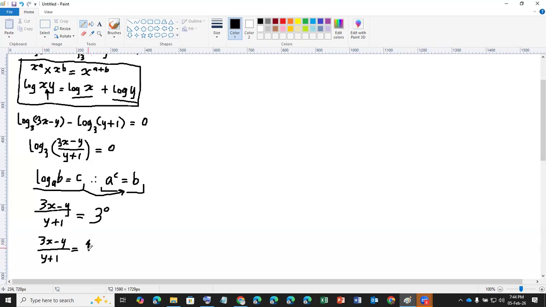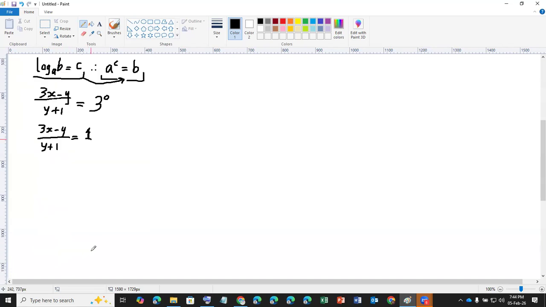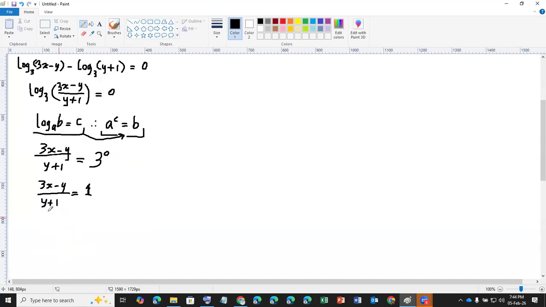And the good thing is that I can now multiply both sides by y plus 1, so that I have one straight line equation. That makes it easier and better.